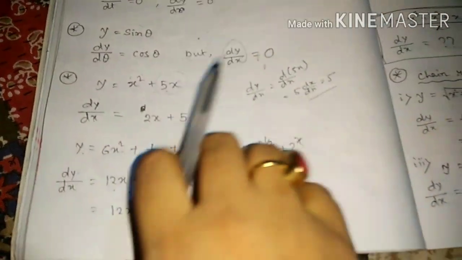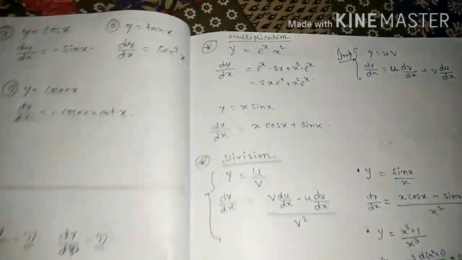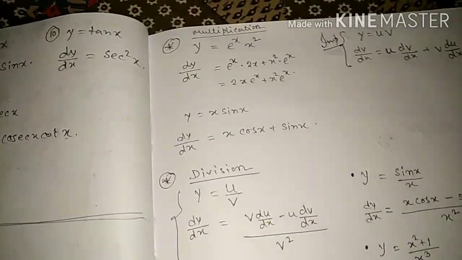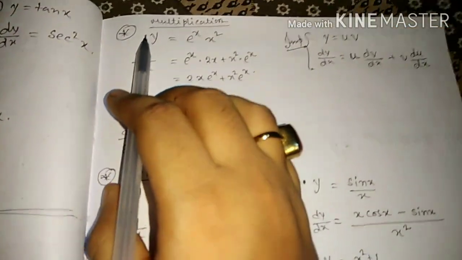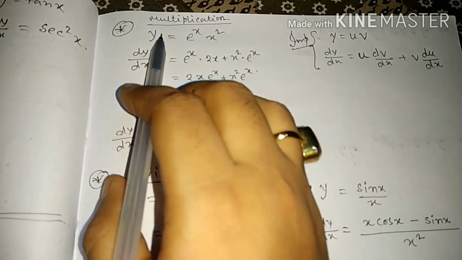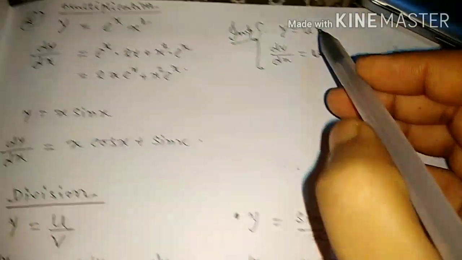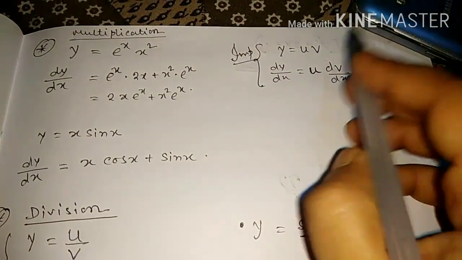Okay, so this is for addition and subtraction. Now if multiplication is there, if the terms are multiplied with each other, then this is a very important rule. First you understand the formula. The formula is y equals u into v.